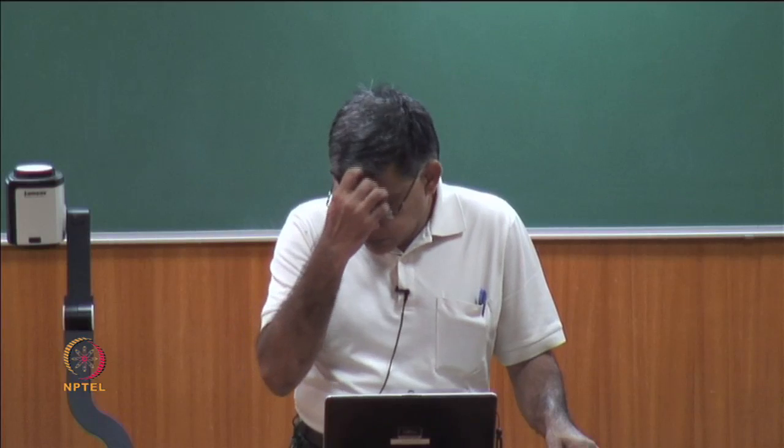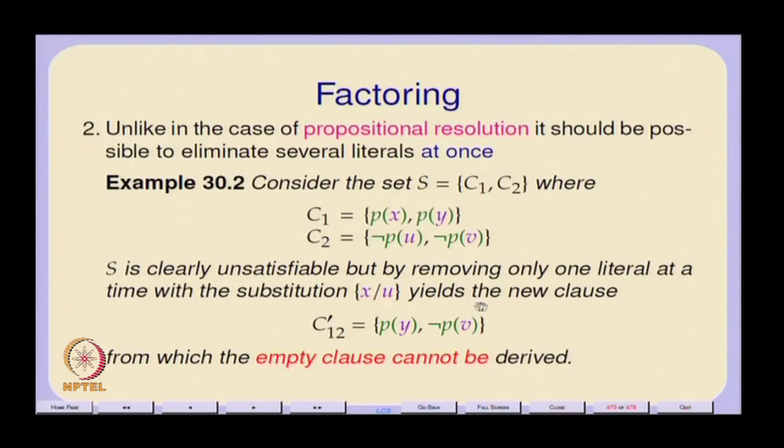So, from this clause you cannot derive the empty clause, and that is because you have done an incomplete kind of unification. So, the only way therefore is to do a full unification here, which for example is x for u and y for v, and then you automatically get the empty clause, right. So, factoring is something that you do.